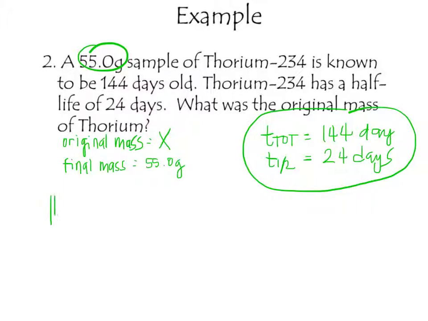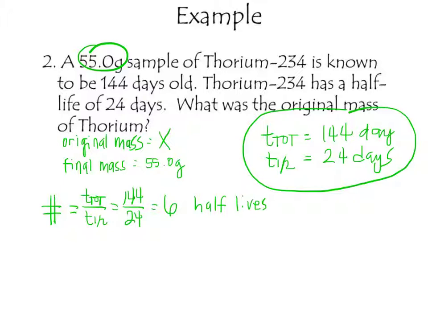You're going to determine the number of half-lives by taking the total amount of time divided by the half-life, so 144 divided by 24, which is 6 half-lives. This tells us how many times we divided in half in order to get 55 grams remaining.